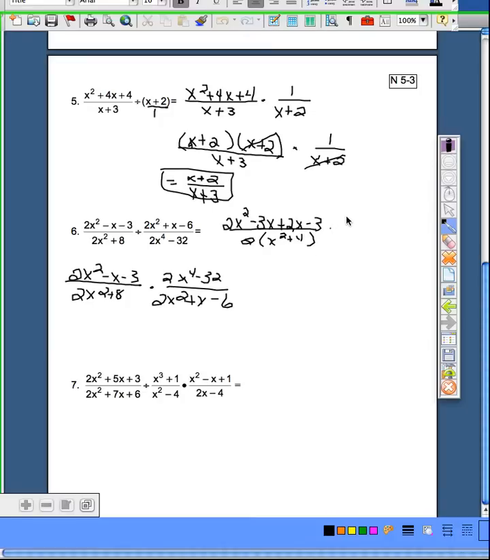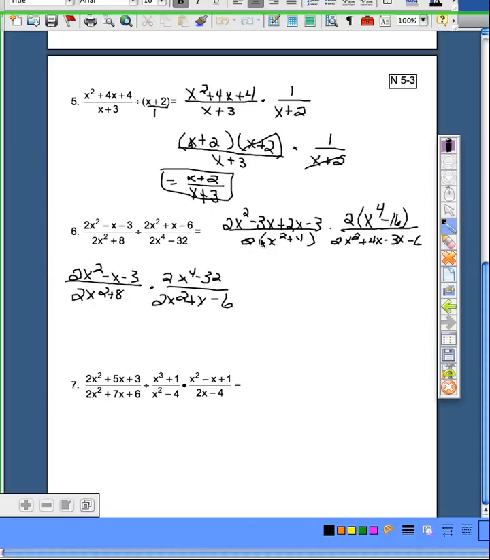Up here we factor out a 2, and that gives me x to the 4th minus 16 over, and get this ready for grouping, 2x squared plus 4x minus 3x and then minus 6.